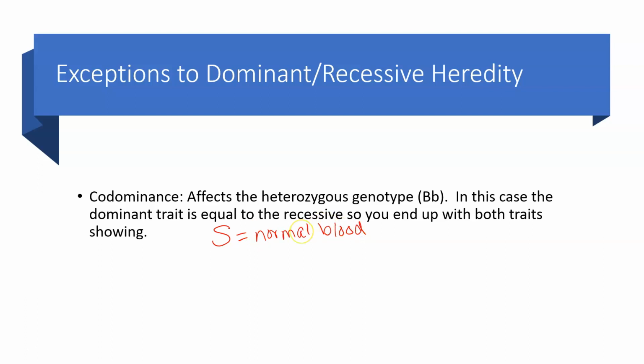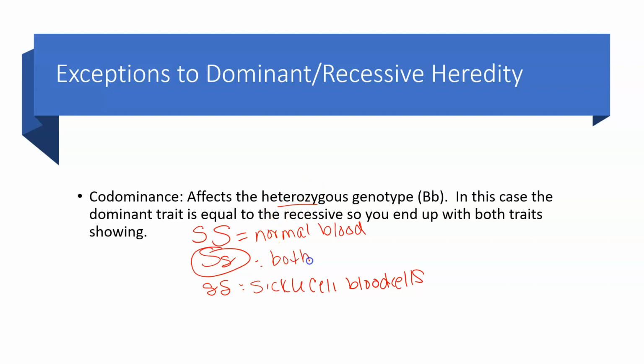Sickle cell anemia is a disease where the cells change shape. So SS would be normal. Little s, little s would be sickle cell blood cells. And the heterozygous, right? So again, big S, little s, only affects the heterozygous. This would have both normal and sickle cell blood cells.